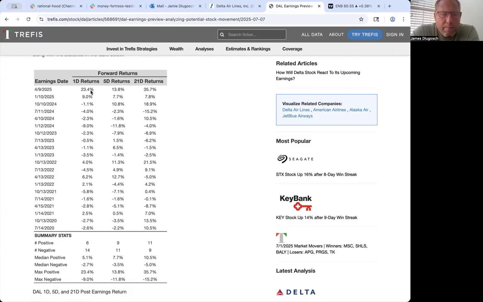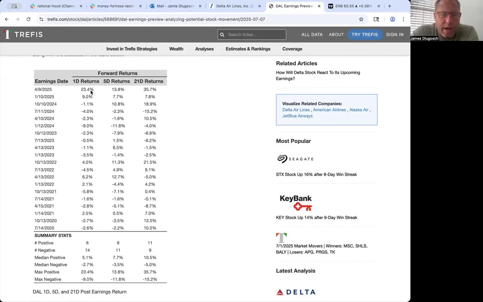The median positive gain, those six times that Delta moved higher, is going to be heavily influenced by these two data points. So you do have the median positive move of 5.1% to the upside one day after earnings.